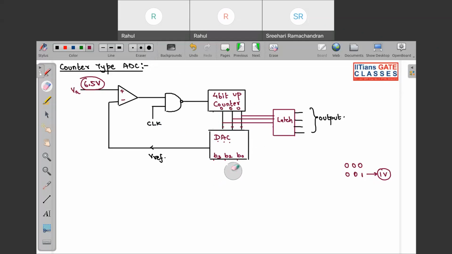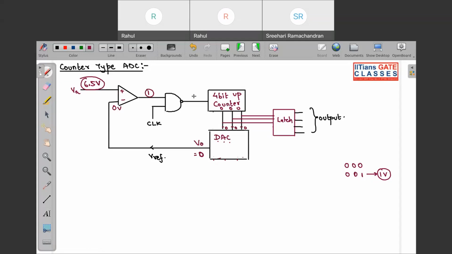For this DAC, as you are getting 000 as input, your output voltage V naught will be 0 volt. So over here you have 0 volt, you have 6.5, so the comparator output will be 1, and this is the clock.